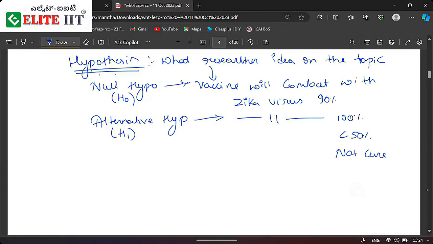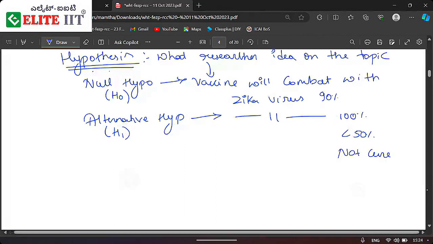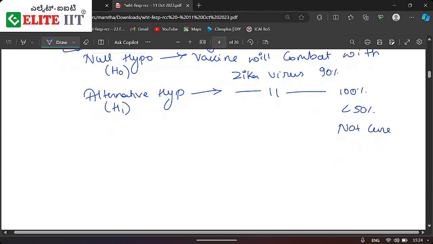I can keep one or more alternative hypotheses, but my null hypothesis is always only one. In this chapter, we will look at the different methods we use to test this hypothesis. Is it clear? How to create a hypothesis is also a major part we will learn elaborately, along with how to test it.